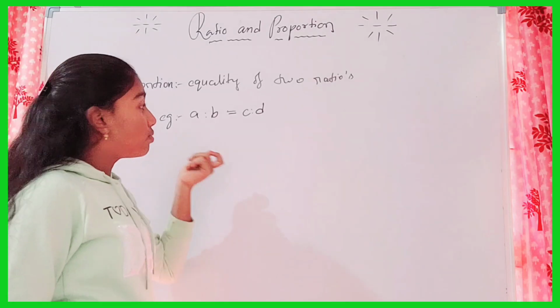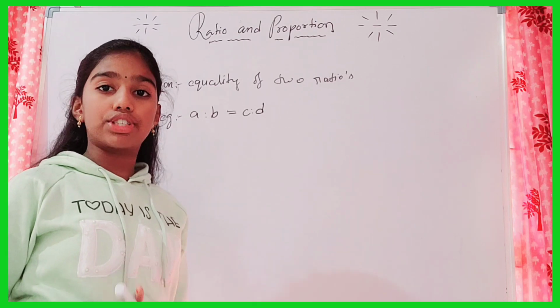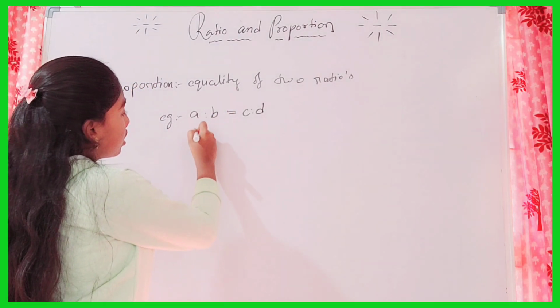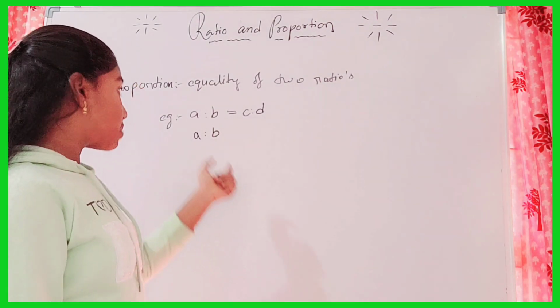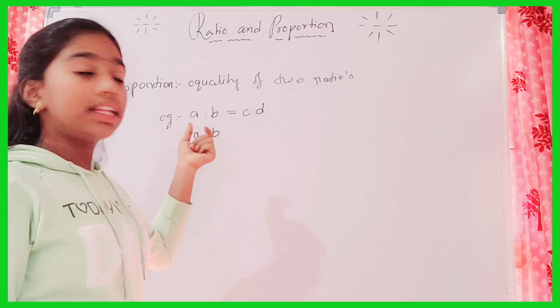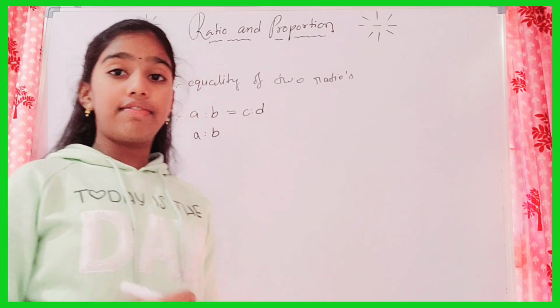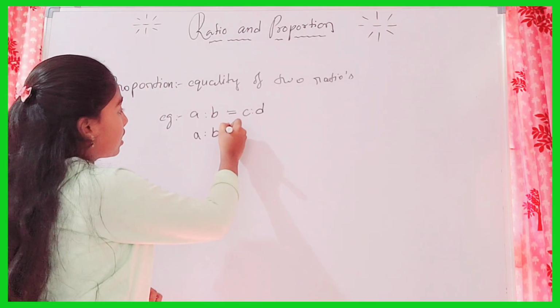Here we also have some terms of proportion. Next, to express that these four quantities, or these two ratios, are in proportion, we have a sign.